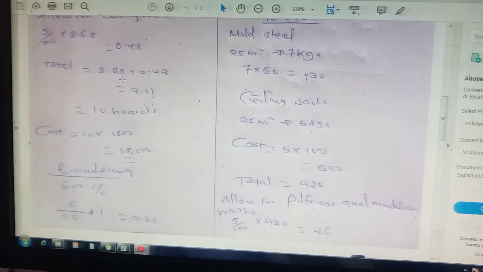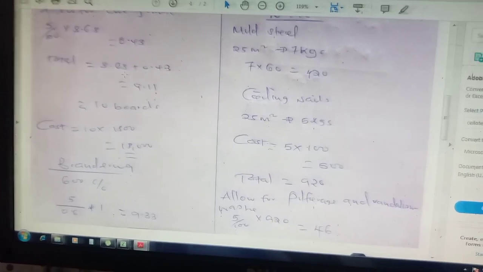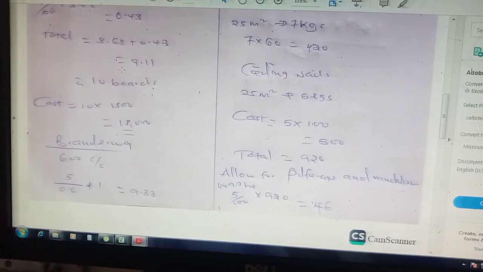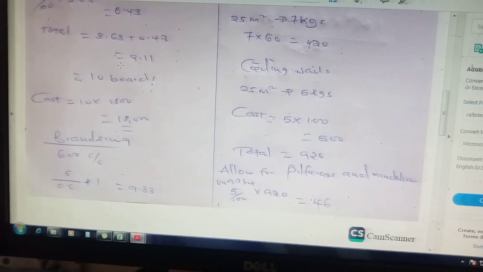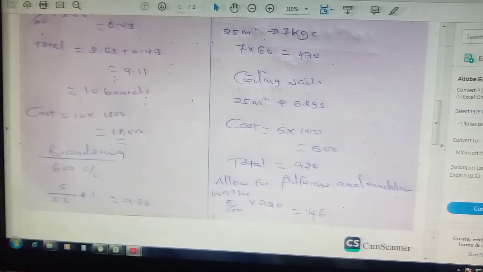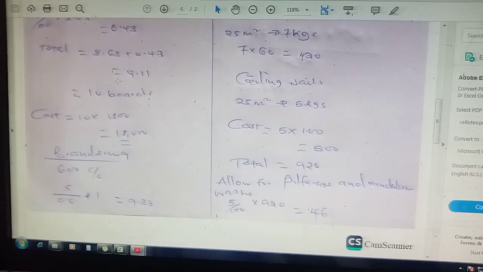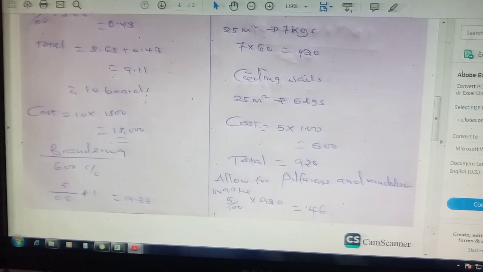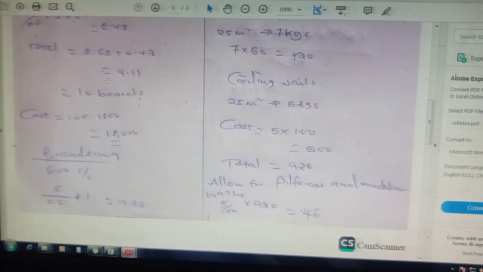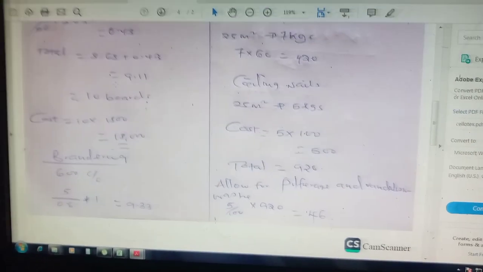Then next is brandering. Brandering, we've been told, is 600 millimeters both ways. So you take one side of the area to be covered, which is 5 meter, divide by 0.6, which was 600 millimeters, then add 1, and you'll get 9.33.